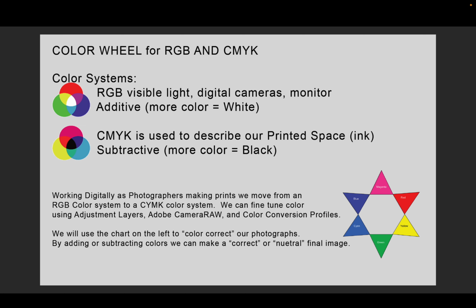So when you do move from RGB to CMYK, like if you took this class in person or if you take other classes in person where you print your image, you will notice that a color cast will happen from RGB when you photograph your image and you edit it. And then when you print it out, the color may look different because they're using two different types of color spaces. So RGB moving into CMYK.